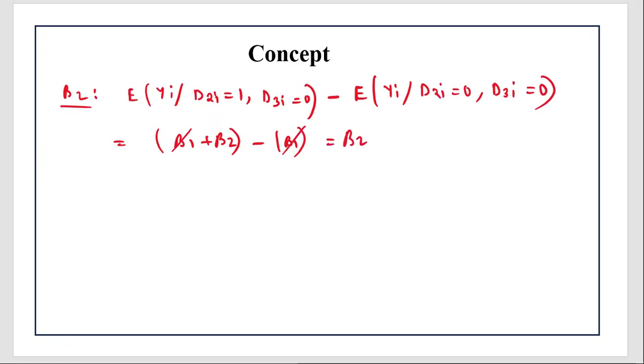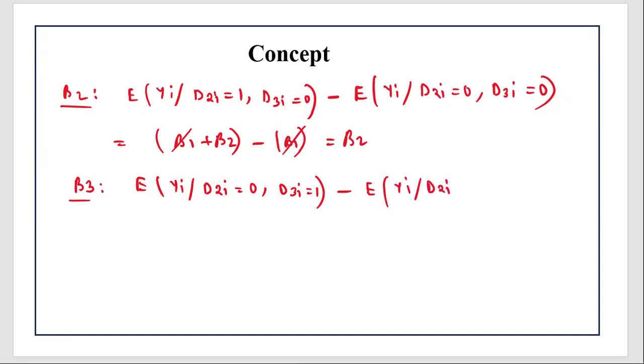Right? And in a similar fashion, if you try to find the value of beta 3, you will see beta 3 is the difference between the expected value of yi given D2i equals 0, D3i equals 1, minus the benchmark category when both are 0.